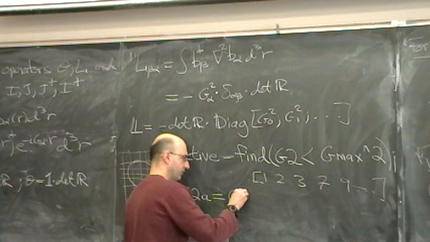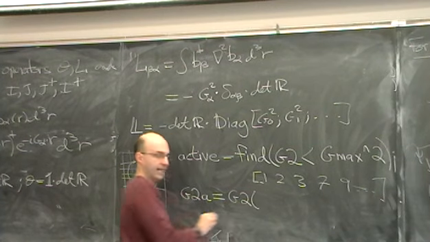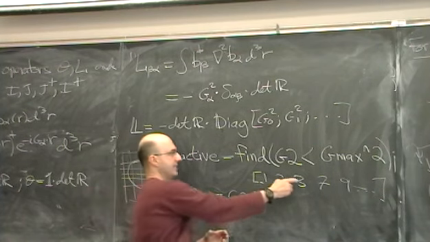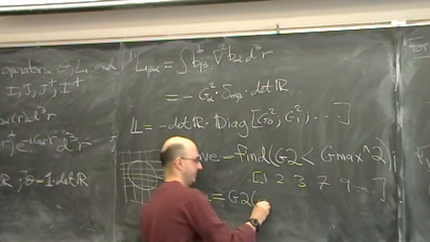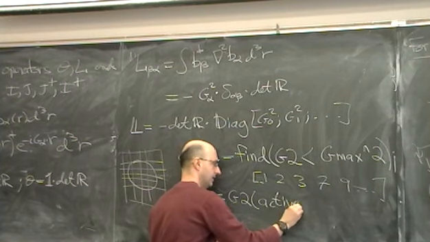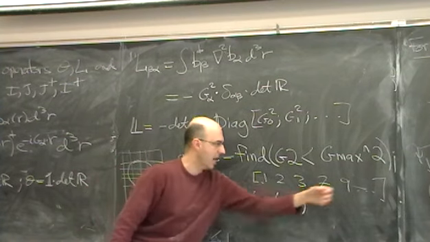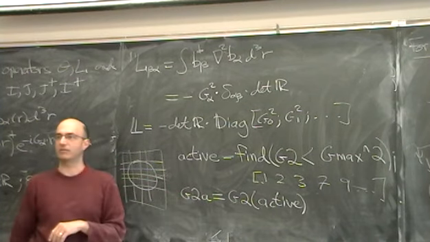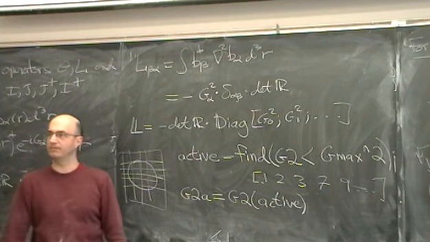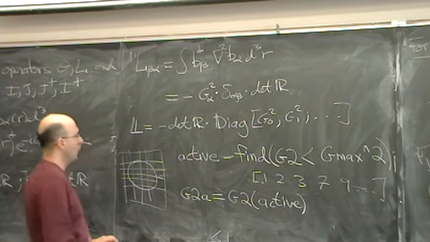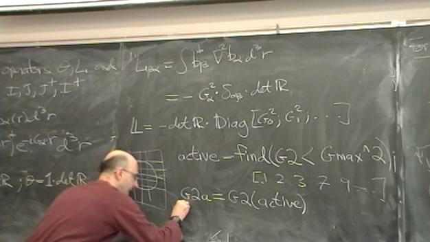That's just take your full set of G2s, that's an array, and index it by that active list. And that will just pull out elements 1, 2, 3, 7, and 9, and pack them into a nice vector G2A. Simple.